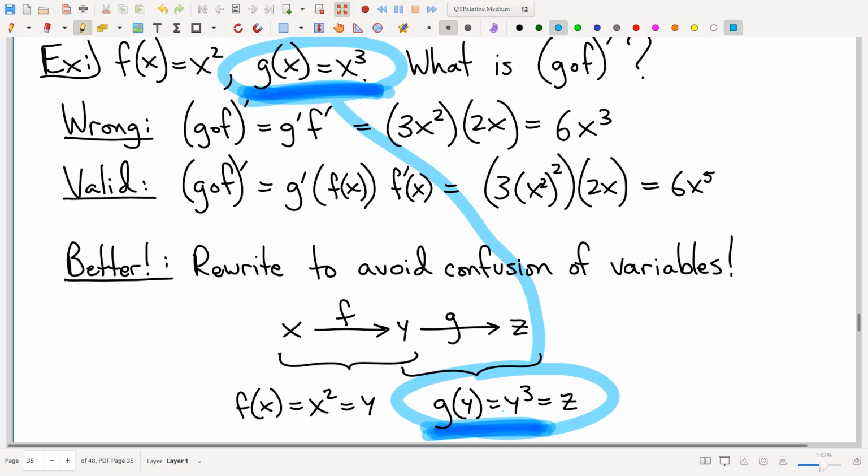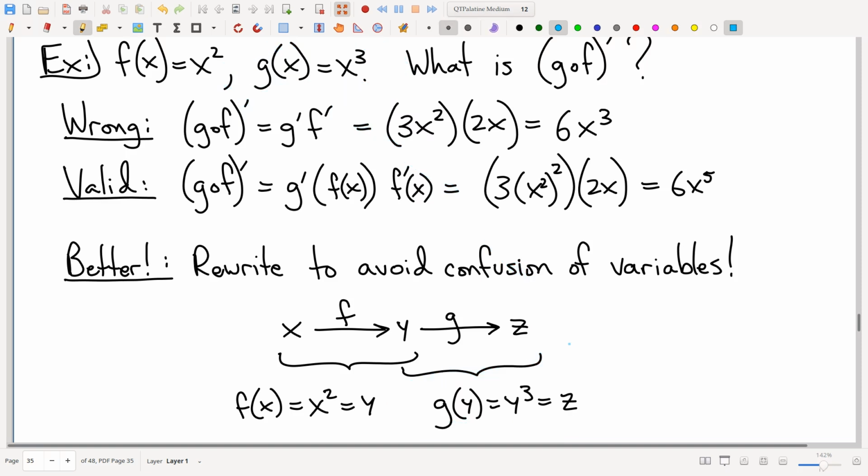And it's the same exact function. Dummy variables are called that because they're irrelevant. They're just arbitrary names. I could just as well say g of Bob equals Bob cubed. It's a placeholder, nothing more. So nothing happens when you rewrite, formally speaking.